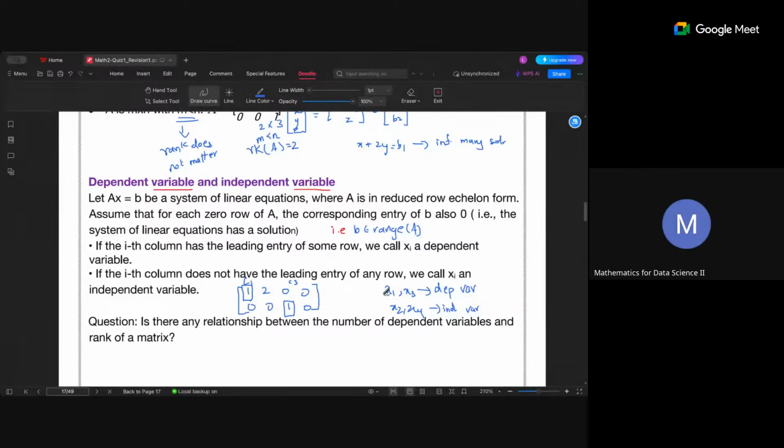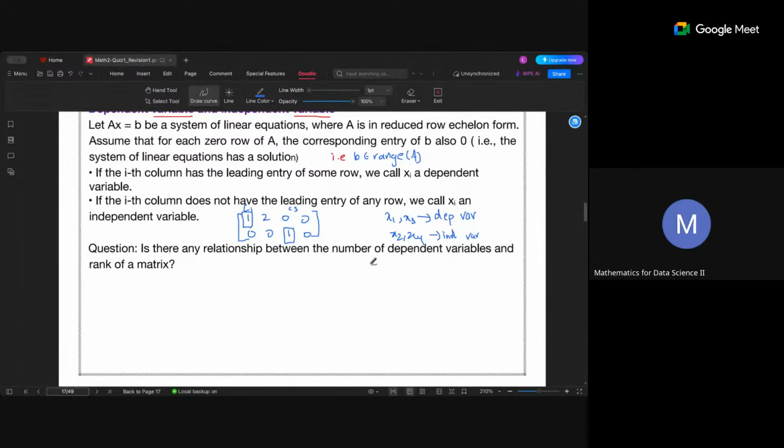Is there any relationship between the number of dependent variables and the rank of a matrix? What is your guess? The total number of variables minus the number of dependent variables is equal to the rank.